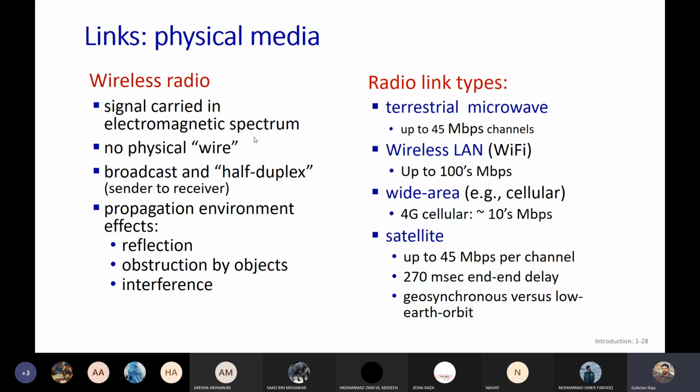Now, wireless means that the signal is carried in the electromagnetic spectrum, and there is no physical wire, and it moves freely, right? And it can be broadcast. Broadcast is a very important term which you need to understand.